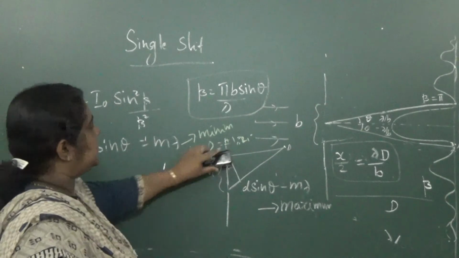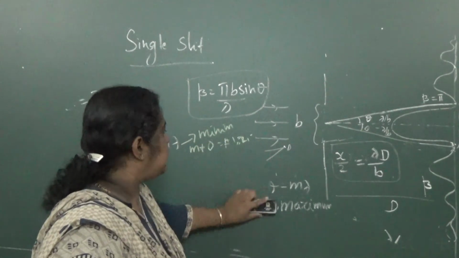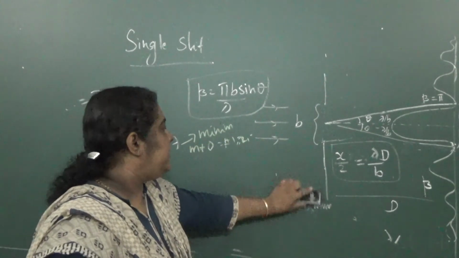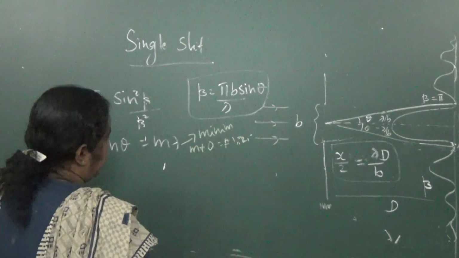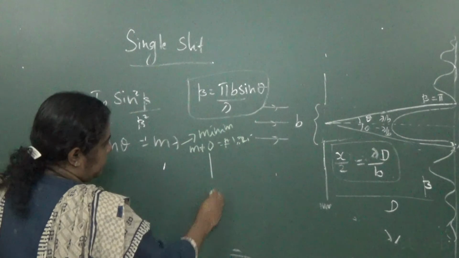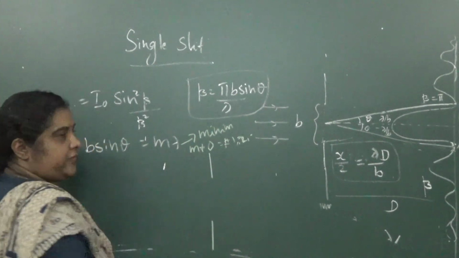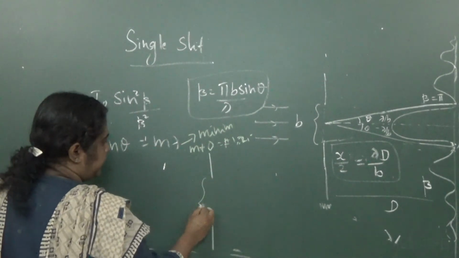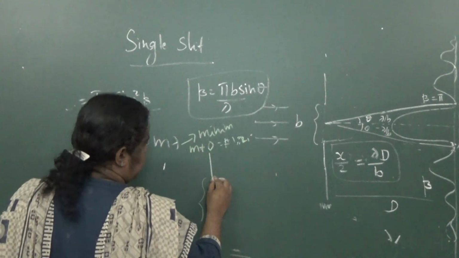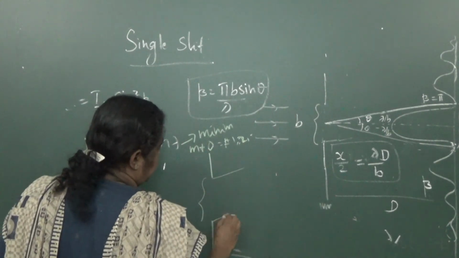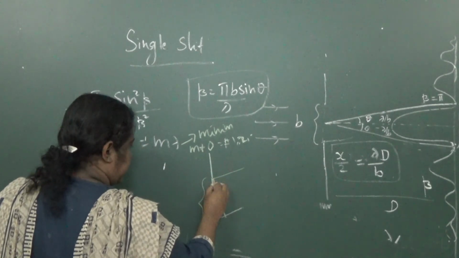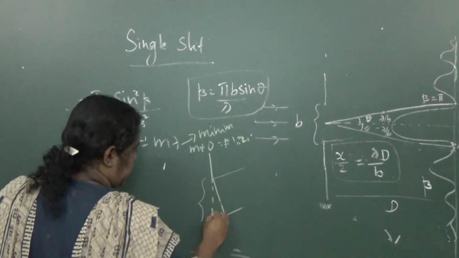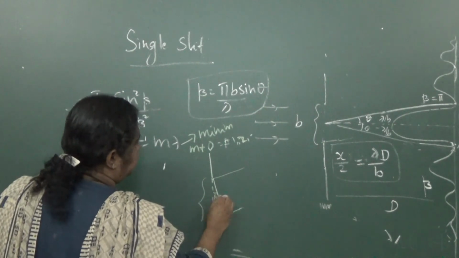Now, how are we going to explain this condition in diffraction? You can see, this is our diffraction slit. This is our theta.